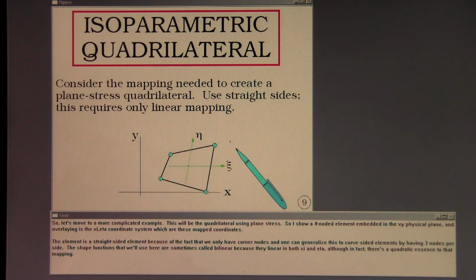The element is a straight-sided element because of the fact that we only have the corner nodes, and one can generalize this to curve-sided elements by having 3 nodes per side. The shape functions that we'll use here are sometimes called bilinear because they're linear in both ξ and η, although in fact there's a quadratic essence to that mapping.